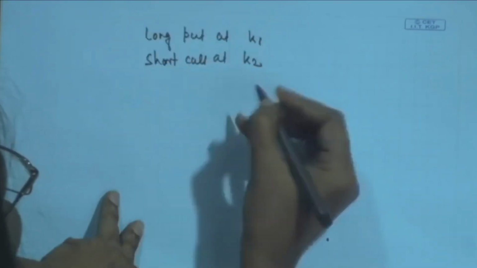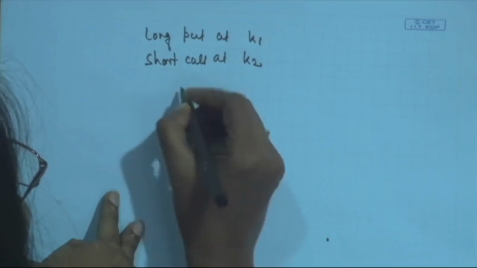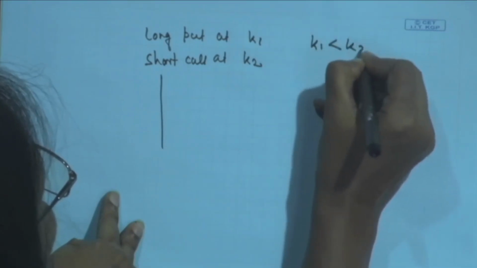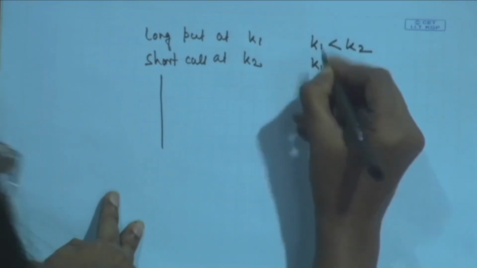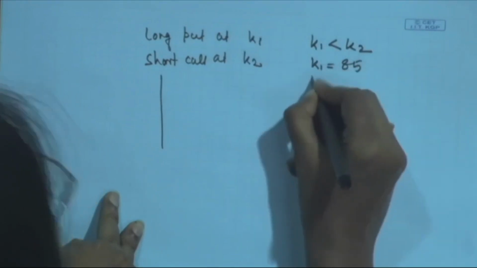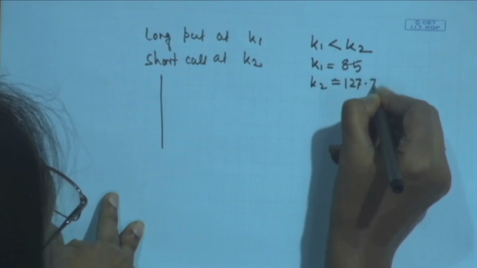How does the payoff look? K1 is less than K2. In our previous case, K1 is 85 and K2 is 127.77.